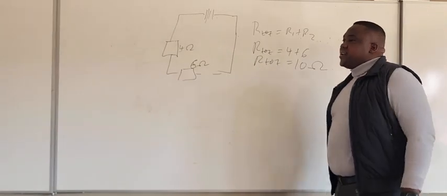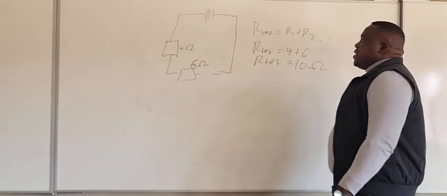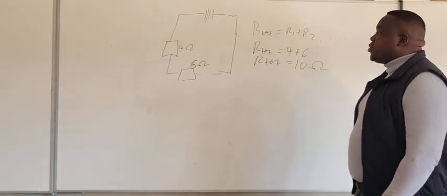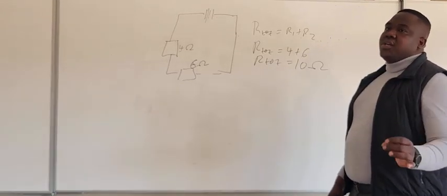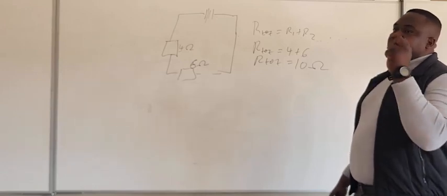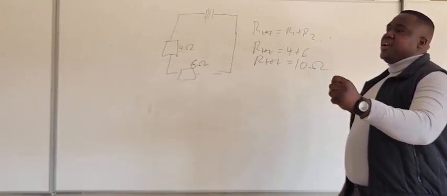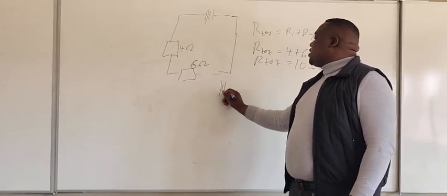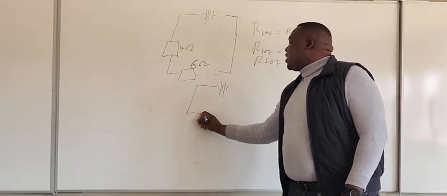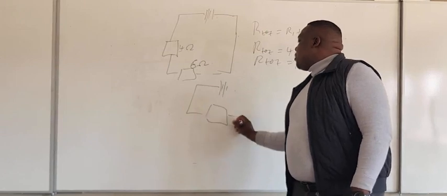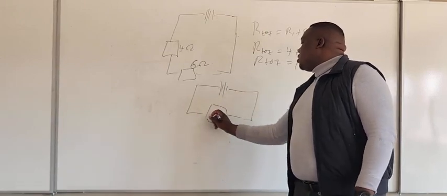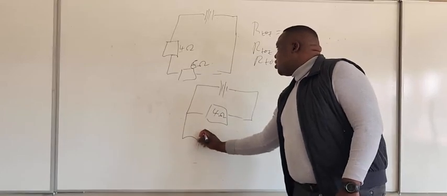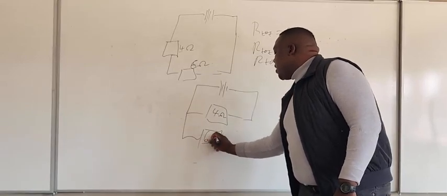Let me take the very same resistors and make them parallel and see what will happen. I want to show you the relationship between resistance in parallel and in series. Let's say I take the same resistors this time, but this time I make them parallel.